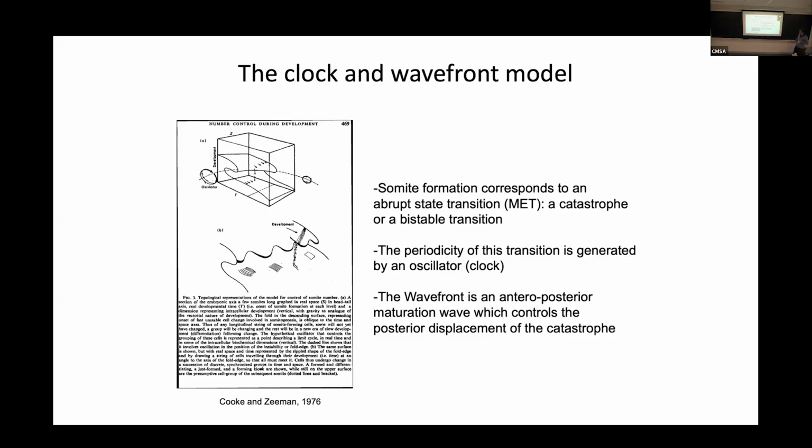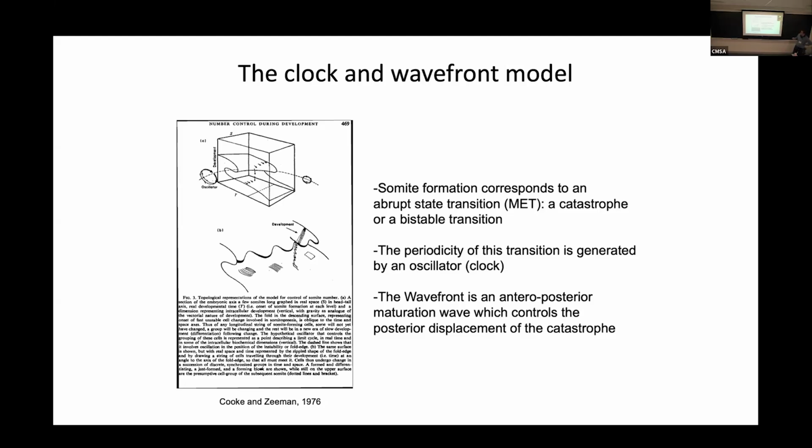So anyhow, it was a very ad hoc model proposed by Chris Zeeman, who is a mathematician working on catastrophe theory that Paul discussed yesterday. And so the idea was that the formation of a somite was one cusp catastrophe, which is, I don't want to get into this because I don't understand this very well. It's just like a set of solutions from polynomial equations or something like that.